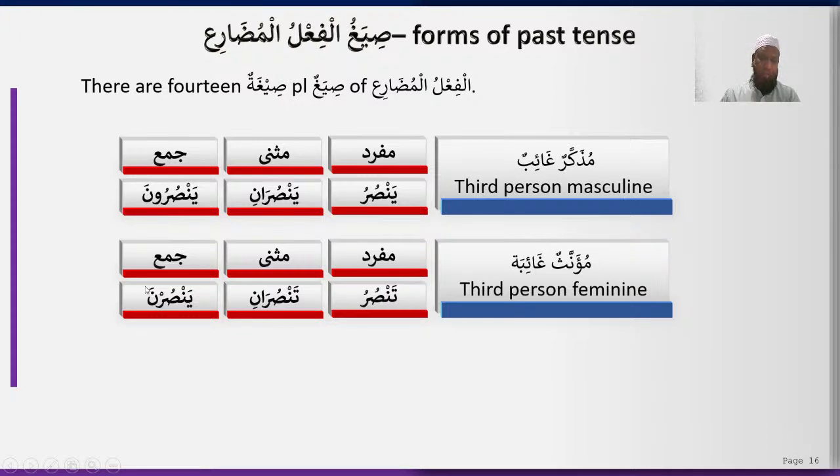And the نون النسوة is the فاعل. It is a ضمير في محل رفع فاعل. So 3 صيغas for مذكر غائب for فعل مضارع and 3 صيغas for مؤنث غائبة. ينصر ينصران ينصرون تنصر تنصران ينصرن.